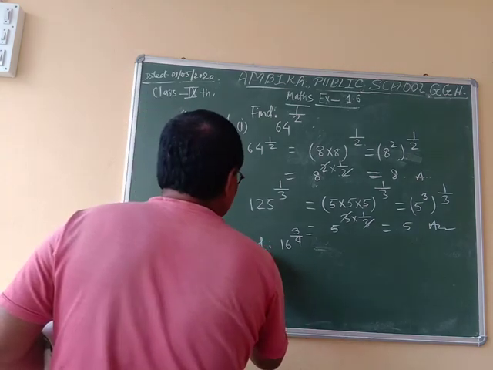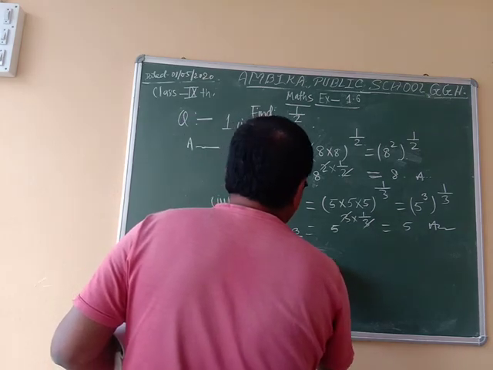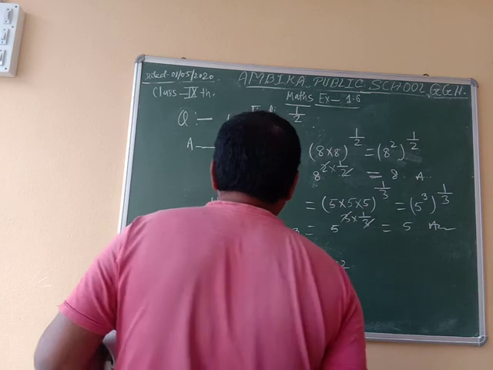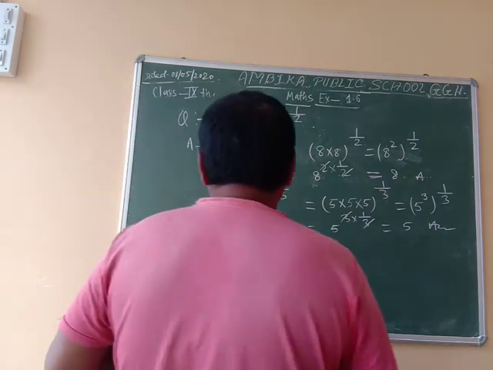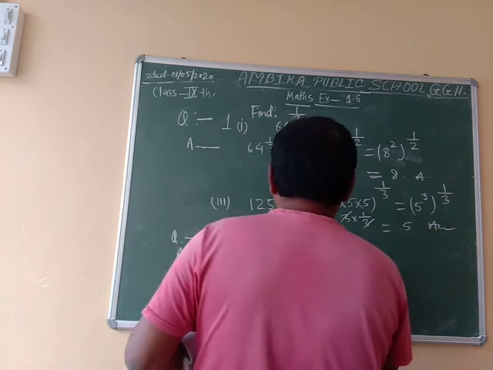The factorization of 16 is 2 into 2 into 2 into 2, to the power 3 by 4.